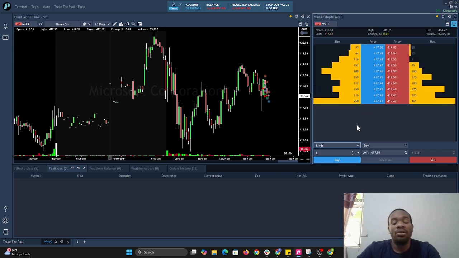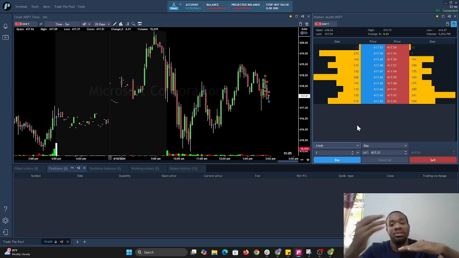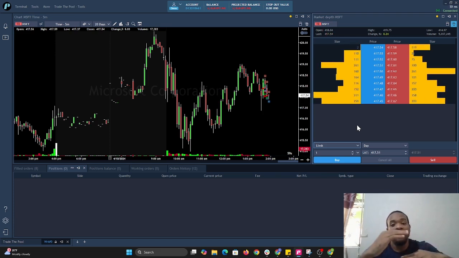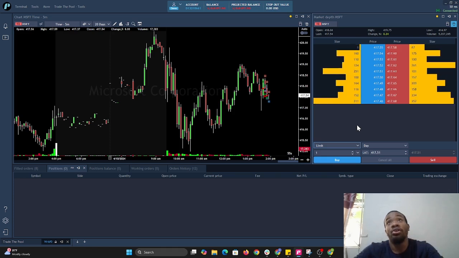On the long side, if you're buying with a limit order, it's basically saying that I do not want to pay anything higher than this price. So the order should not be filled if the price is above that. Only when the price comes to this price or below will the order be filled.